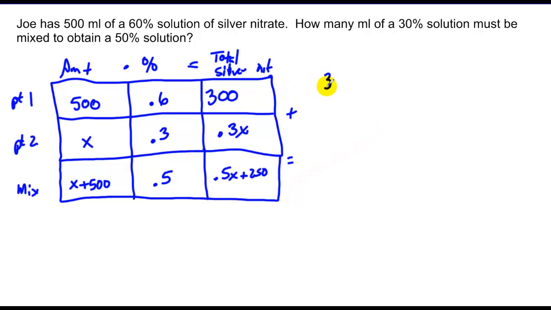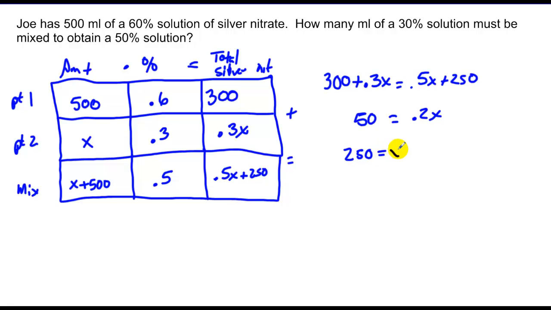So we have 300 plus 0.3x is equal to 0.5x plus 250. Bring the 0.3 over, get 0.2x, bring the 250 over, get 50, take and divide 50 by 0.2, and we end up with 250 is equal to x. So we add 250 milliliters in this case.